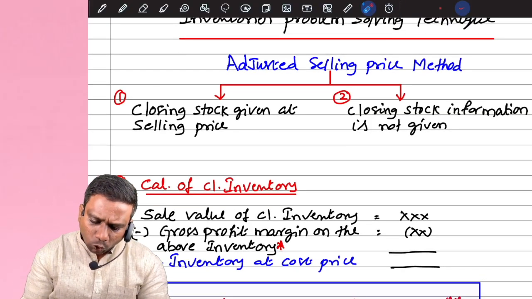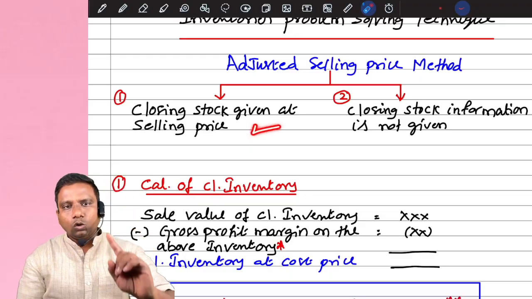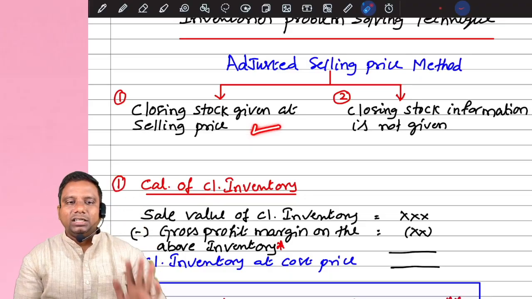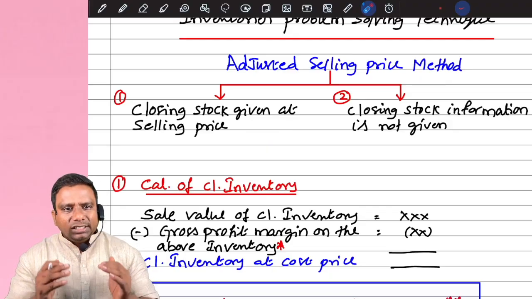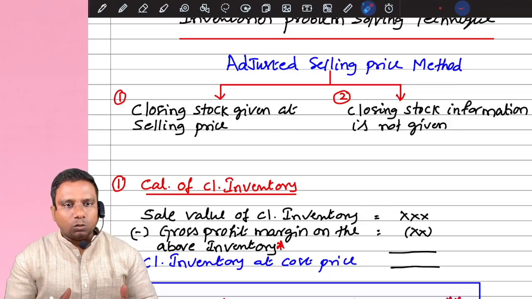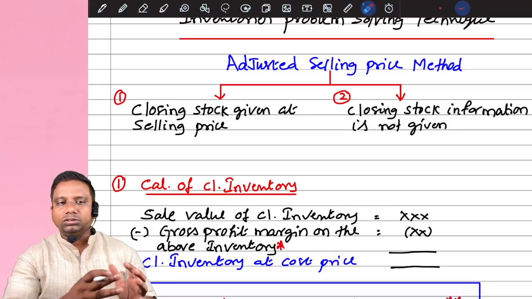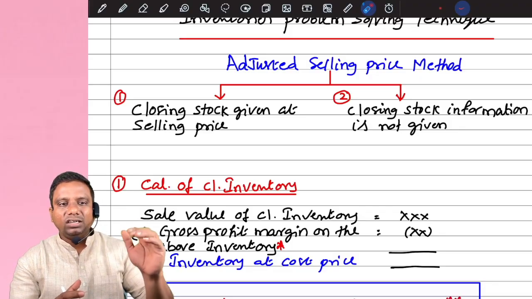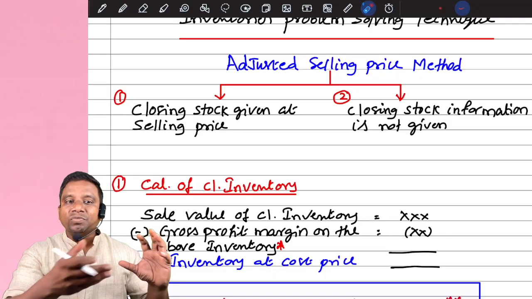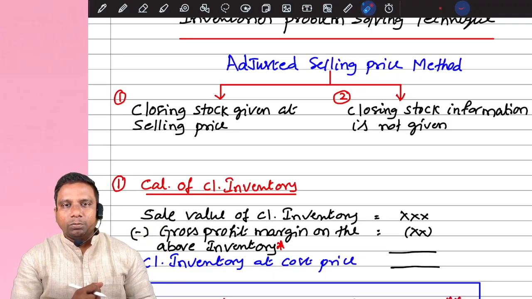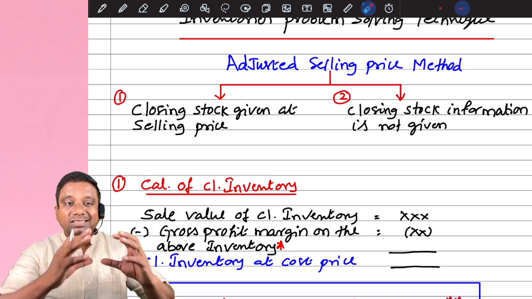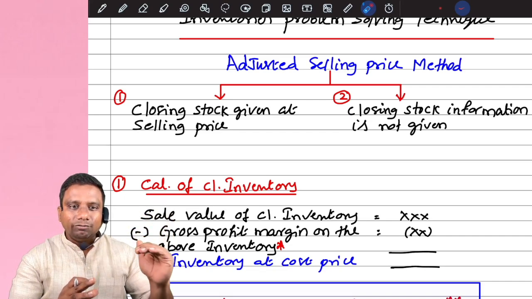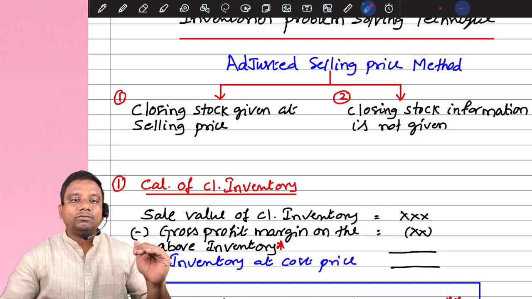One, closing inventory or closing stock given at selling price. We discussed already, closing inventory we can count physically, or the computer shows closing inventory as on so and so date. If you follow the perpetual inventory record system, then the system shows how much quantity is left and what is the selling price of the goods.